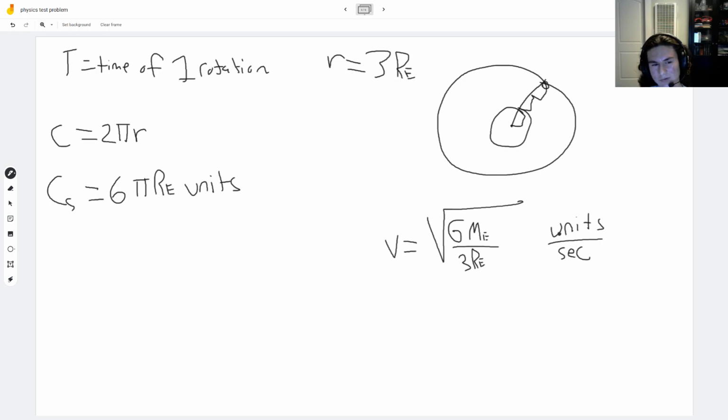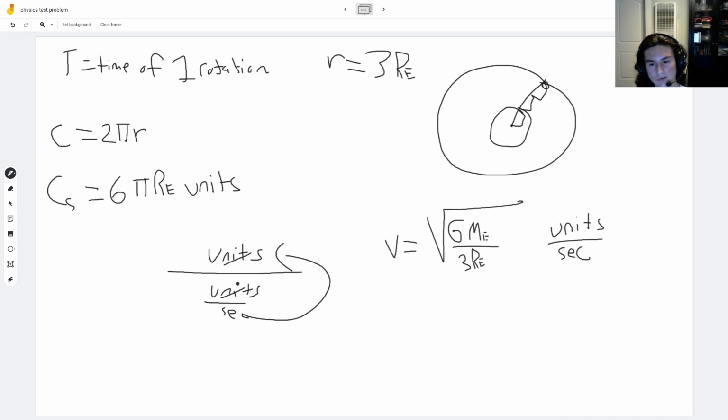But this is basically units per second, but we want seconds, because we want the time of one rotation in seconds. So if we look at our units alone, we're going to have units and units in seconds. To get seconds on the top, we're going to divide it by units over seconds. So these two cancel, and this gets flipped because it's divided twice, and seconds goes to the top.